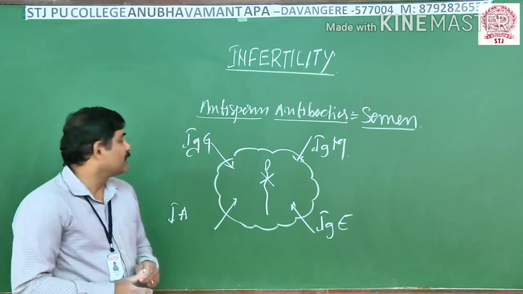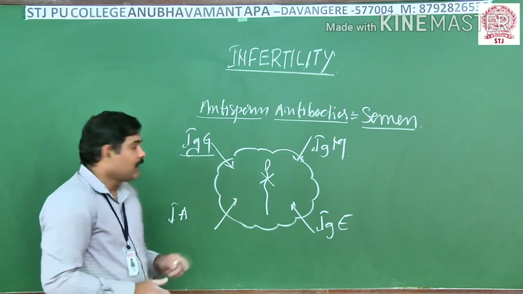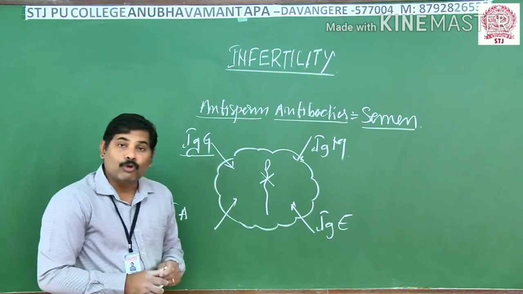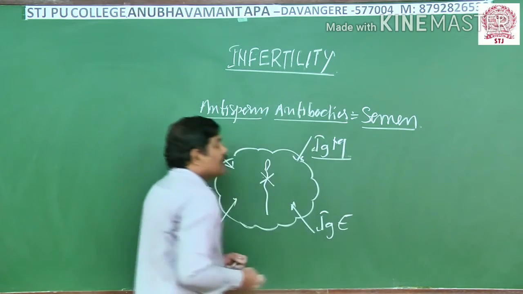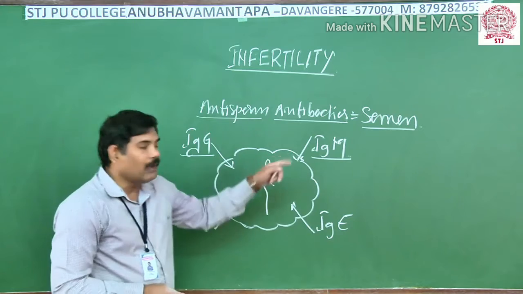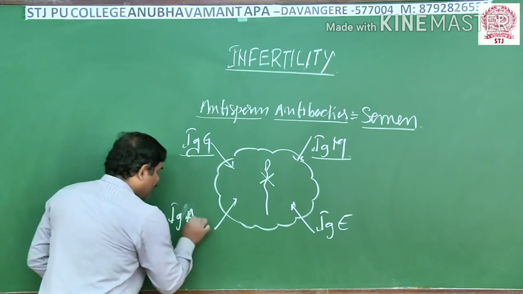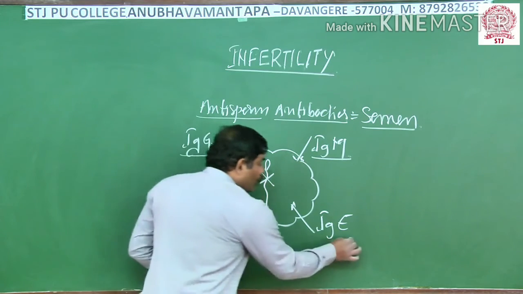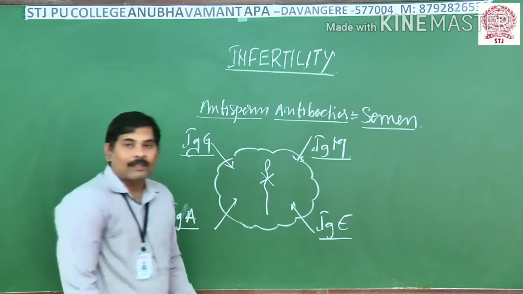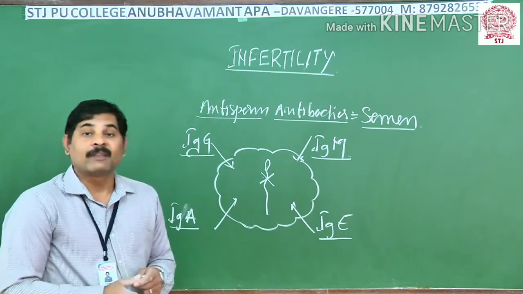These antibodies include IgG, one type of antibody, where Ig stands for immunoglobulin G, whereas the second type is IgM, immunoglobulin M, then IgA, immunoglobulin A, and immunoglobulin E. These are the four different types of antibodies that act against the sperms.